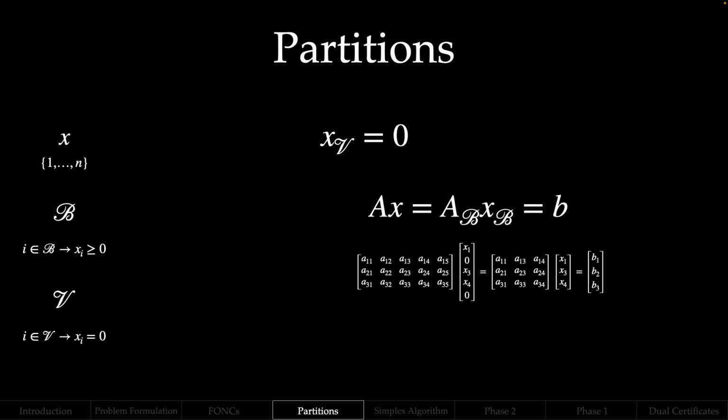A basis is just the 1st, 3rd, and 4th columns of A. Similarly, X basis is just the first, third, and fourth components of X. So we can rewrite it in terms of the basis, and then solve for X basis. This is exactly what I was saying before: if A basis is invertible, meaning A basis is full rank, then this is going to have a unique solution. And we know that X basis will be greater than or equal to 0.